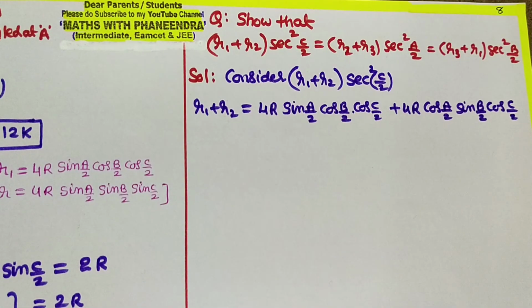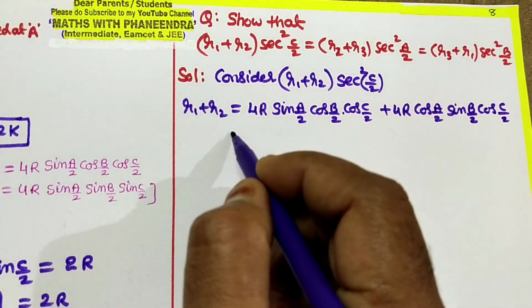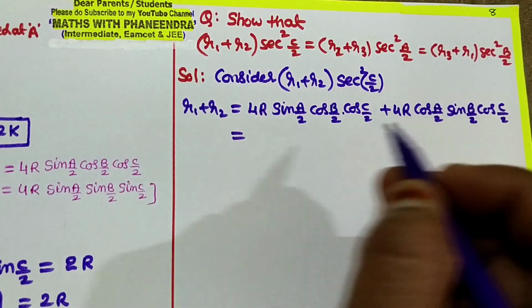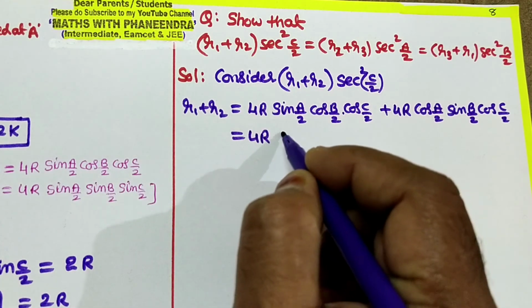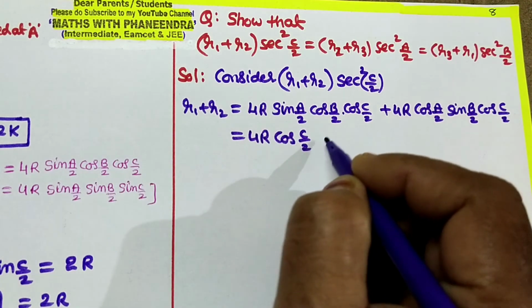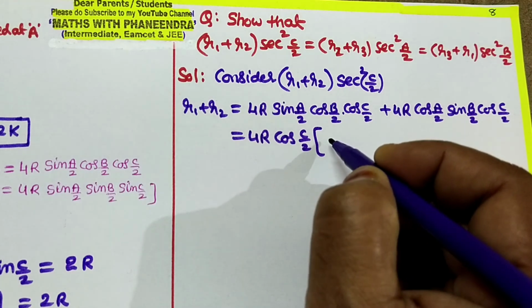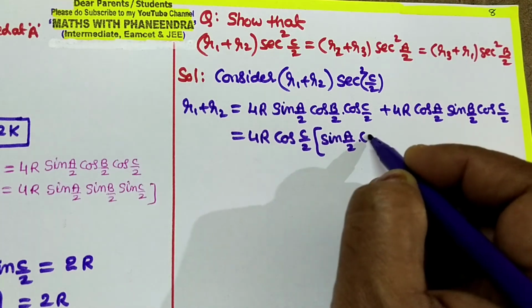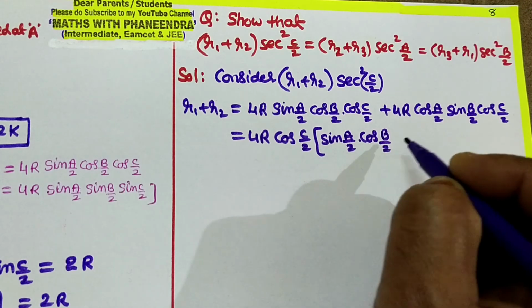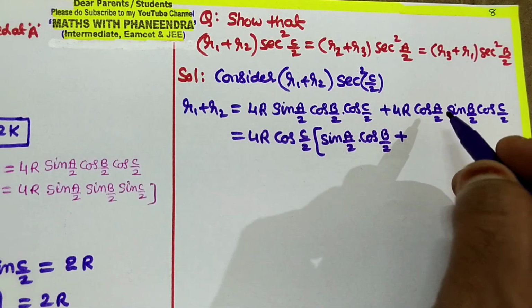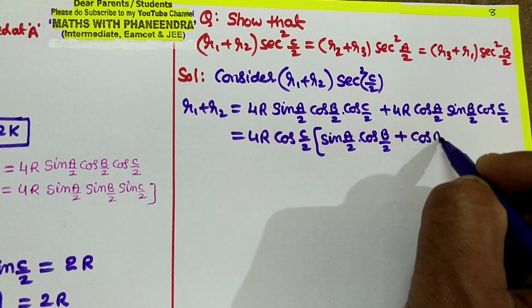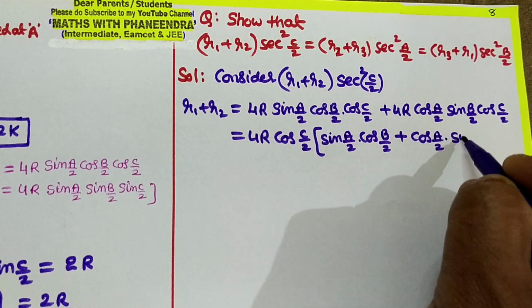Now take common 4R cos C by 2. If we take common, we will get sin A by 2 into cos B by 2 plus cos A by 2 into sin B by 2.